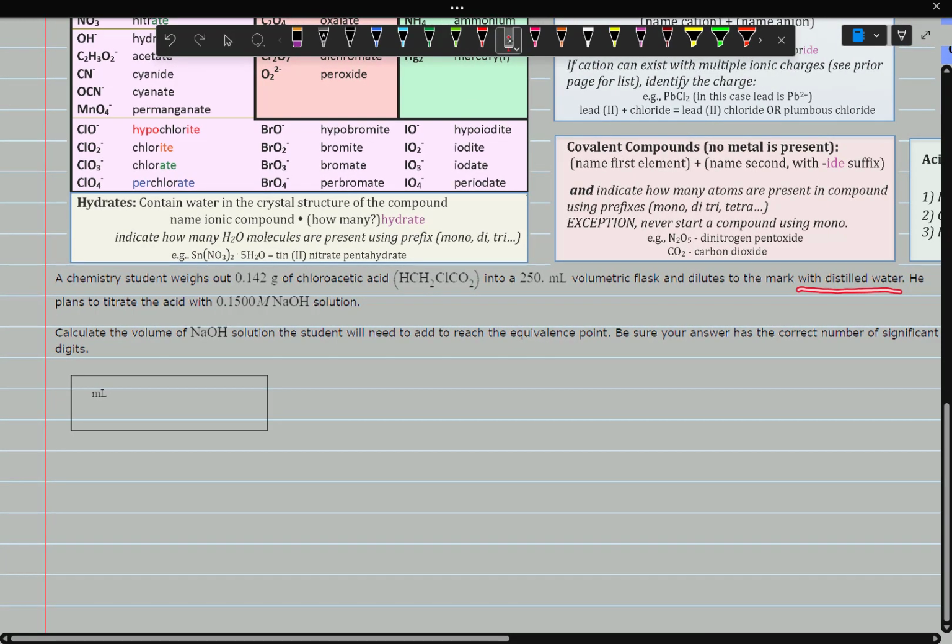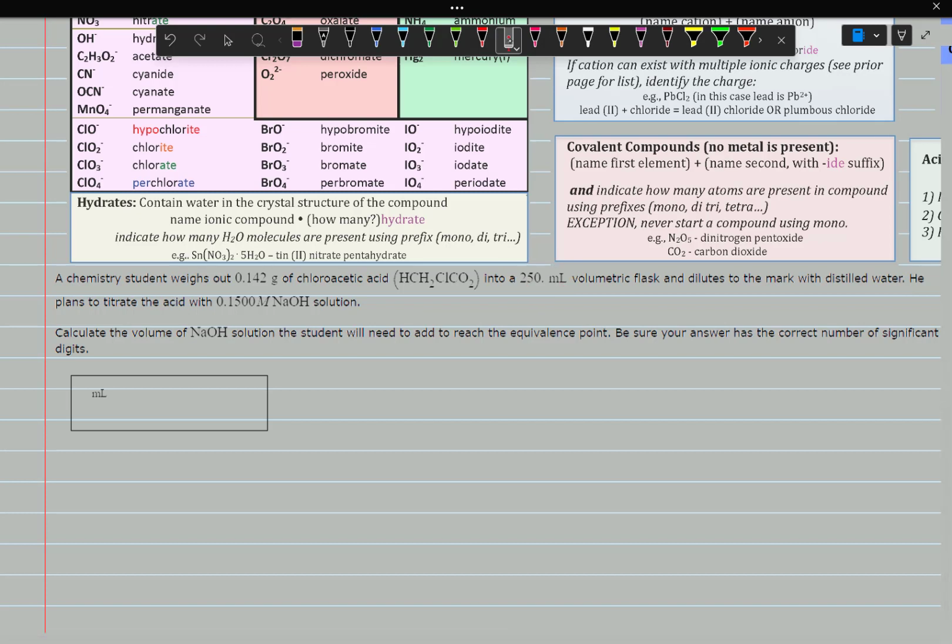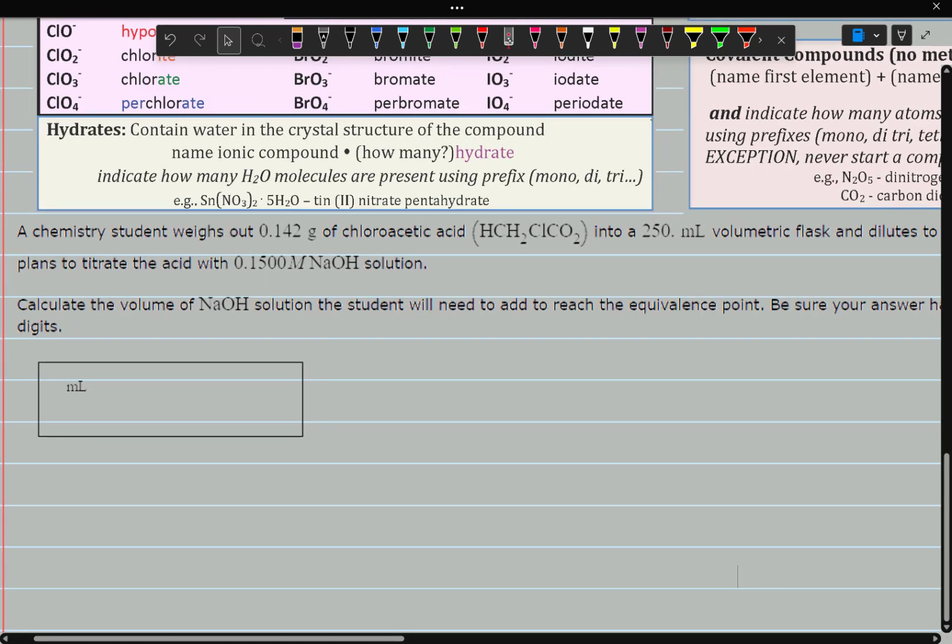So it just means that we have 250 milliliters of water and that amount of chloroacetic acid. And he plans to titrate this acid with 0.15 molarity sodium hydroxide solution.